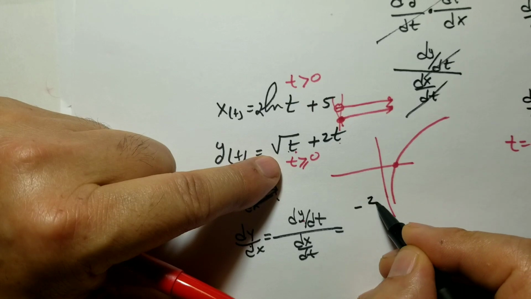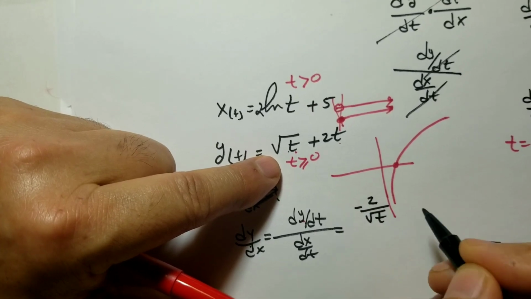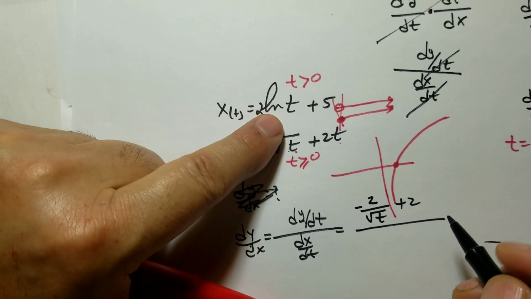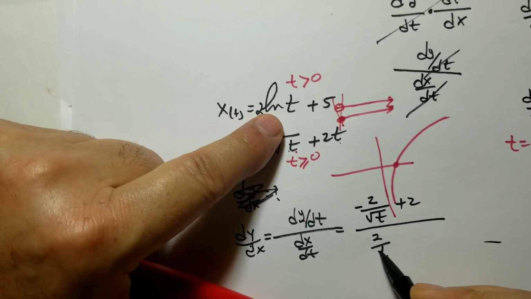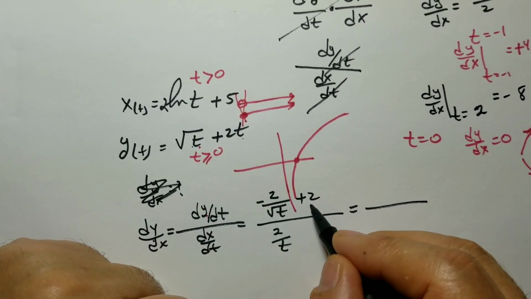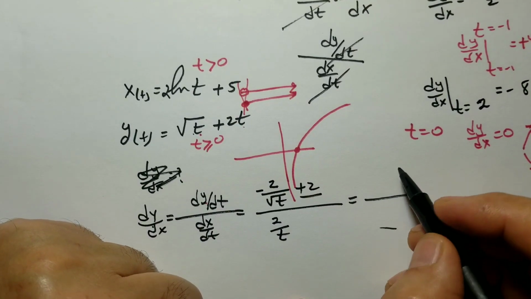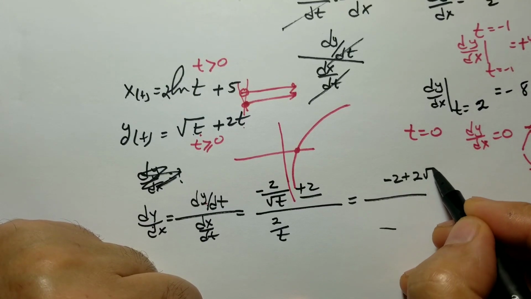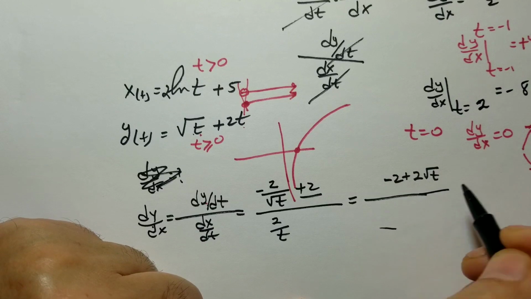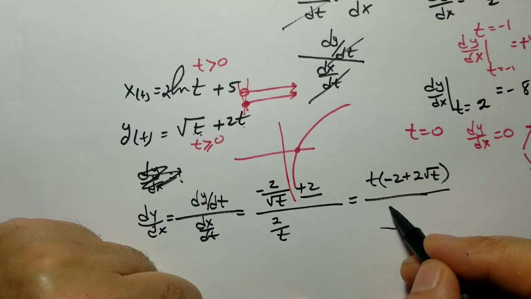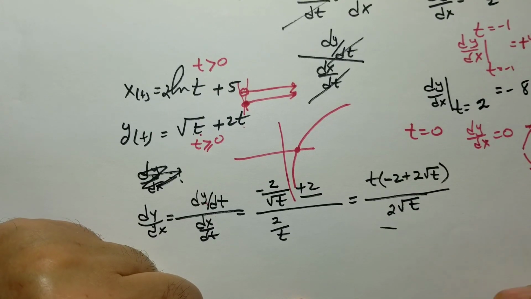It is negative 2 over a square root of t plus 2. What is the derivative of a natural log? 1 over t. Therefore, that answer is going to become, I'm going to take the common denominator, negative 2 plus 2 square root of t times t, because I multiply by reciprocal, divided by 2 square root of t.